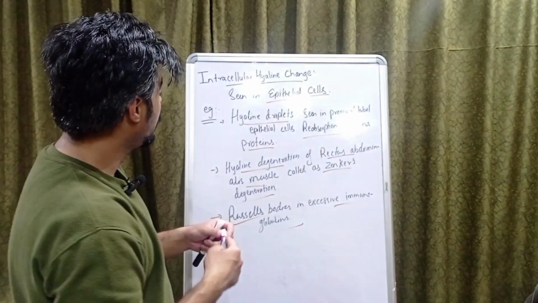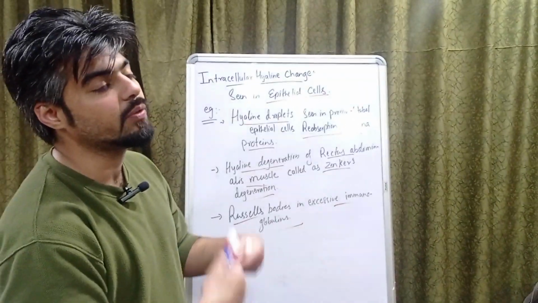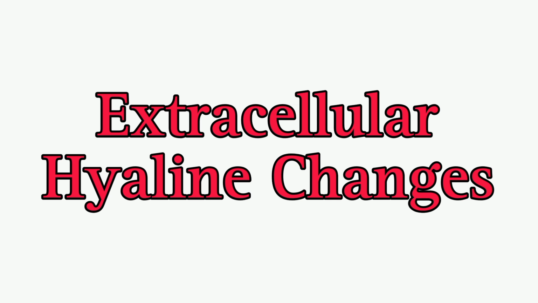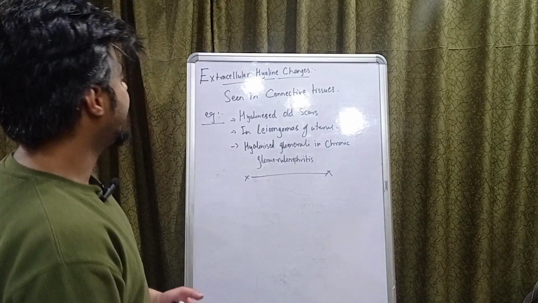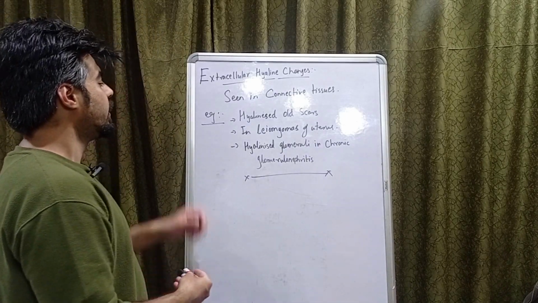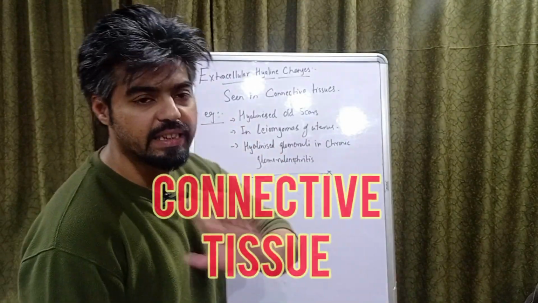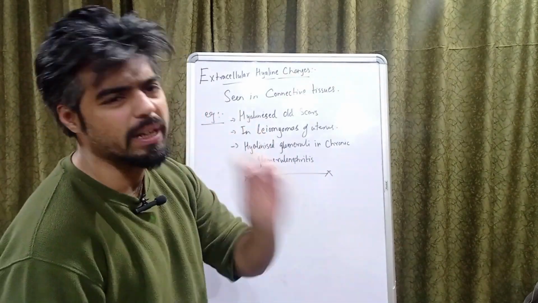Now let's go towards the extracellular hyaline changes. Extracellular hyaline change is mainly seen in connective tissues, and it has very simple and common examples.